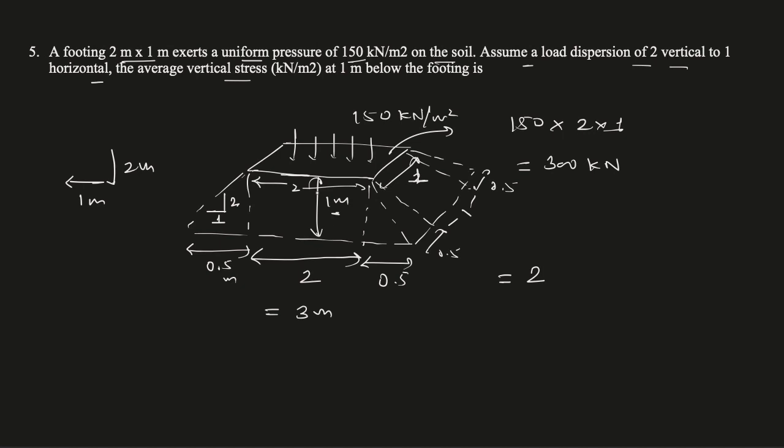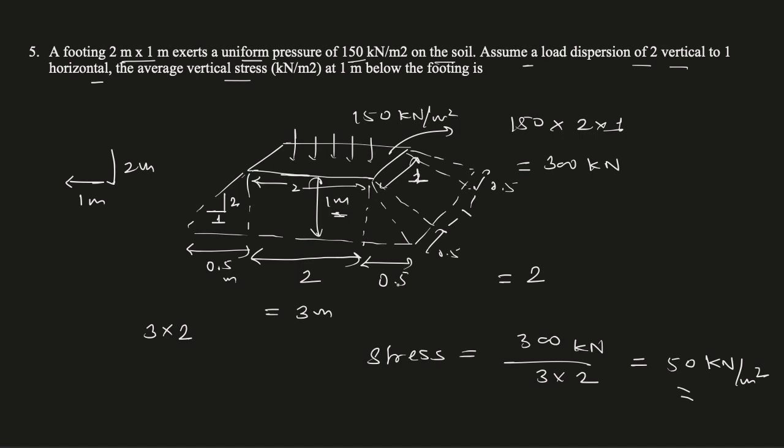So the area, 1 meter below this surface, is 3 meter by 2 meter. So the stress will be total load, that is 300 kilonewton, by area, that is 3 into 2. So from here we obtain the stress as 300 by 6 or 50 kilonewton per meter square. So that is the required answer in this case.